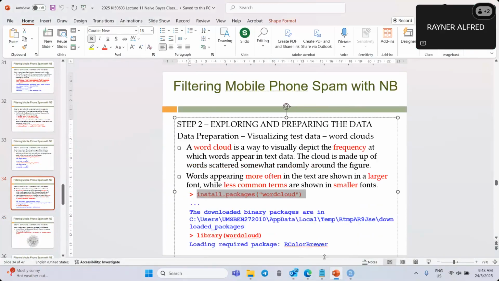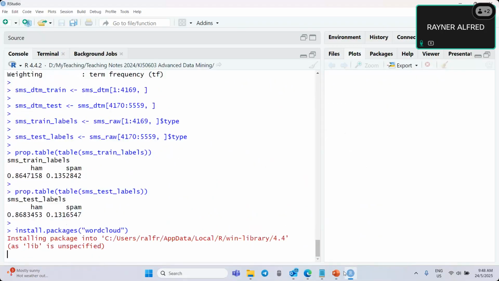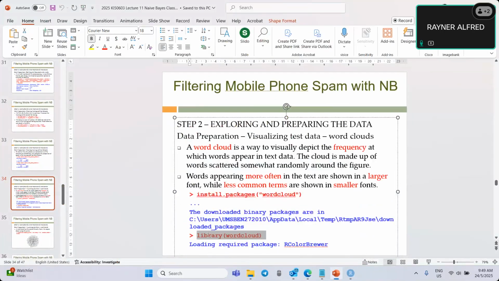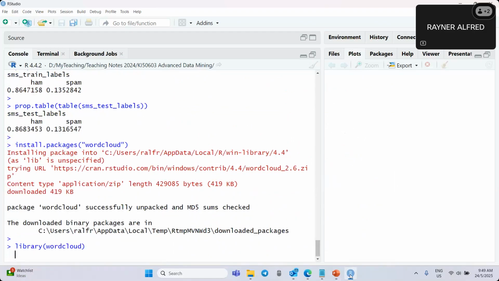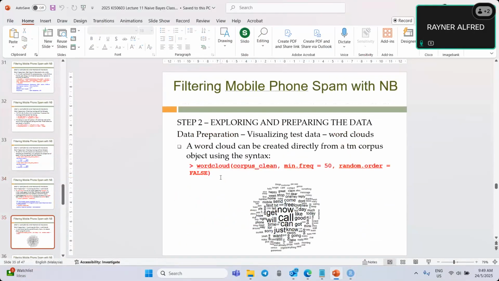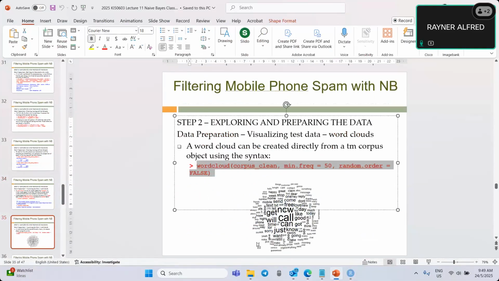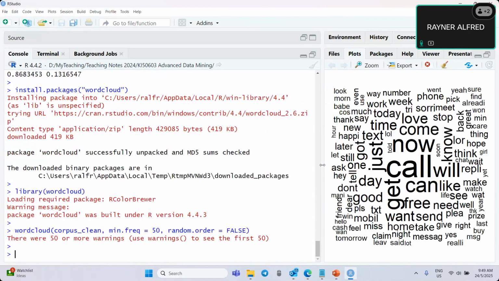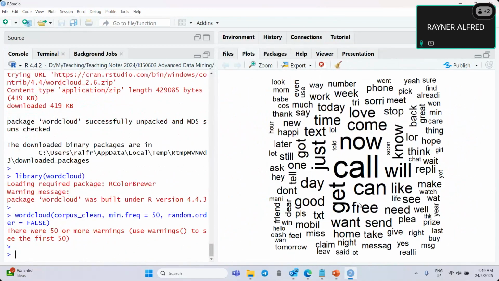We can visualize the content using a word cloud. This is for the overall, where we only focus on frequency of 50 and above. This is what we get for the whole document.